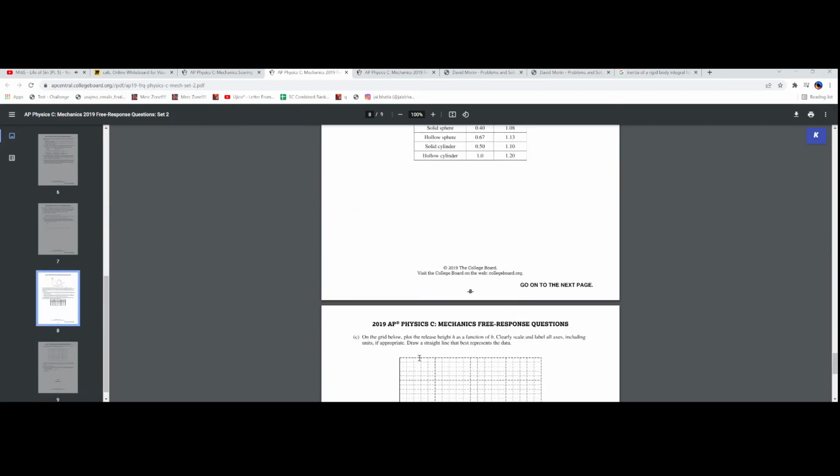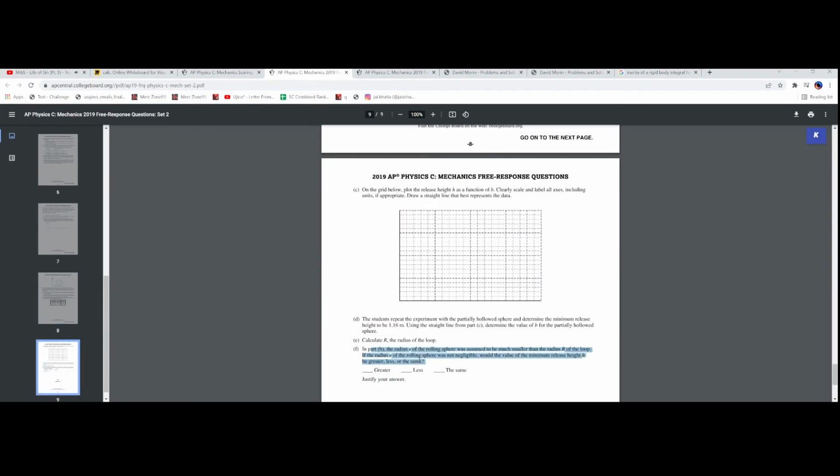That's pretty interesting, actually. The value minimum release height h. Huh, so that's actually pretty interesting. R squared.